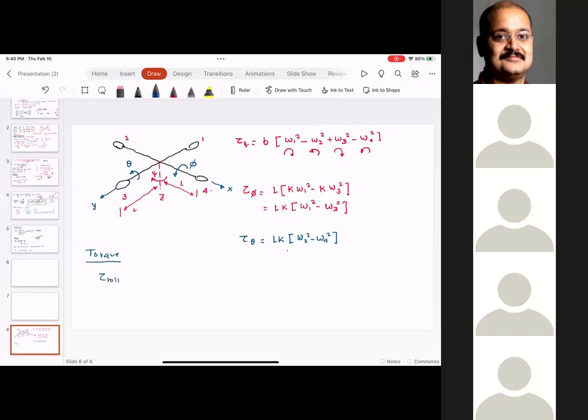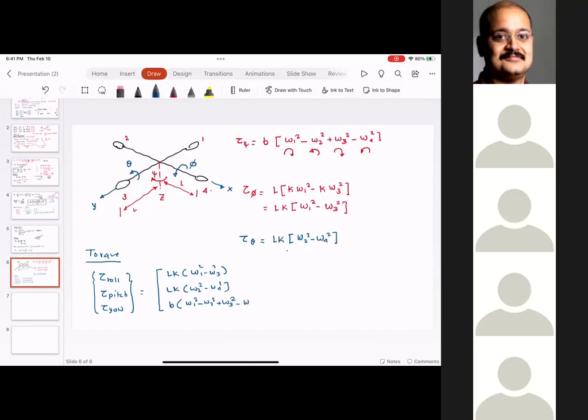Tau roll, tau pitch, and tau yaw is equal to L k times omega 1 square minus omega 3 square, L k times omega 2 square minus omega 4 square, and B, remember B is the drag coefficient, times omega 1 square minus omega 2 square plus omega 3 square minus omega 4 square, because omega 1 and omega 3 are in the clockwise direction and omega 2 and omega 4 are in the counterclockwise direction. So this is the equation for torque.